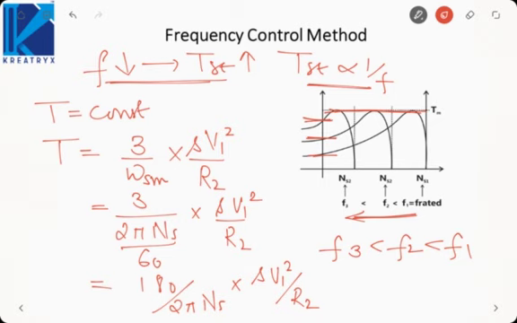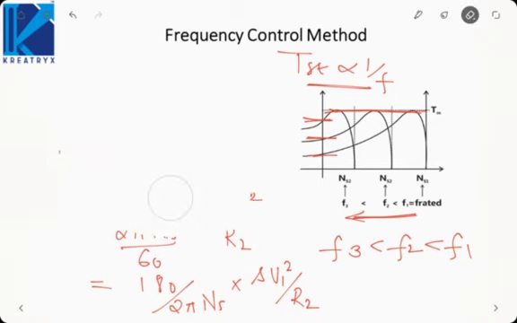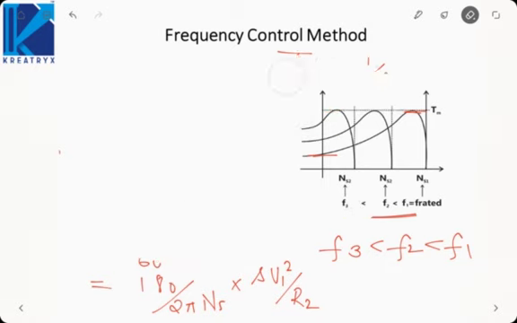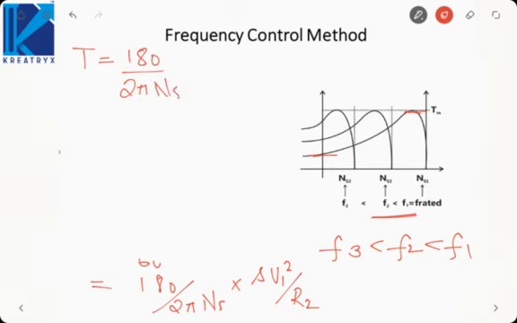Now, slip can be written in terms of Ns and Nr. So we can write torque as 180 by 2 pi Ns into (Ns minus Nr) by Ns into V1 square by R2.